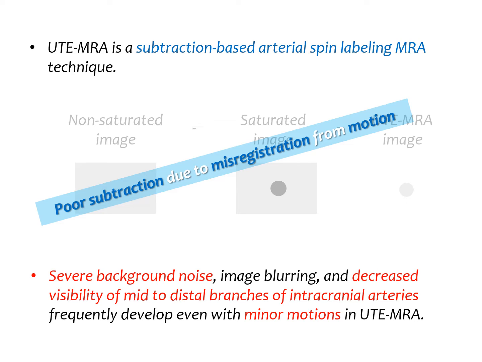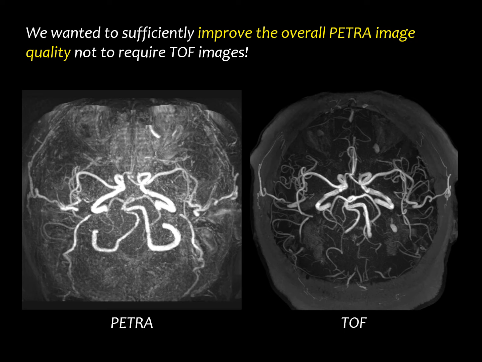So for 3 years, we performed PETRA and TOF simultaneously for patients with treated aneurysm. The total acquisition time for both sequences was approximately 12 minutes even though we used only 30,000 spokes. So we wanted to improve the overall PETRA image quality so as not to require the TOF images, because reducing total acquisition time is important in MRI.